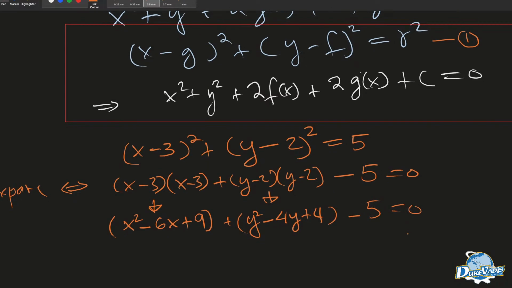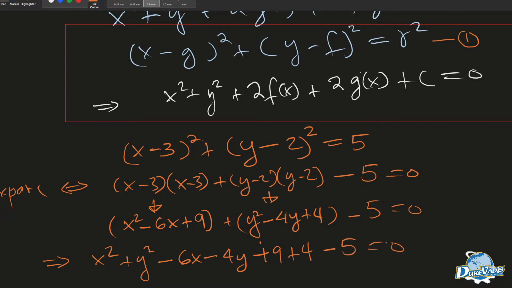Now, friends, we can separate stuff. Let's say this is x squared, and let me pick the y. Say this is y squared. I'm arranging them. Now this is minus 6x and minus 4y. I still have plus 9 plus 4 minus 5 is equal to 0.